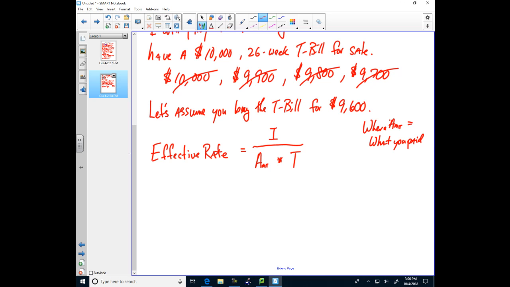So let's plug the numbers in for our particular case. How much interest are we going to get here? We're going to get $400 eventually, after 6 months, 26 of 52 weeks. On the bottom, we actually paid $9,600, didn't we? We have to multiply that times 26 over 52.